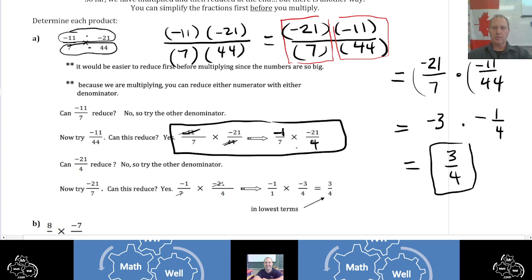That is just reduced. And similarly, -21 over here and +7 down over here, those can be reduced. And that gives you a -3 on top and a 1 over here. See that? And now we have our answer already in lowest terms because we did all the work ahead of time.